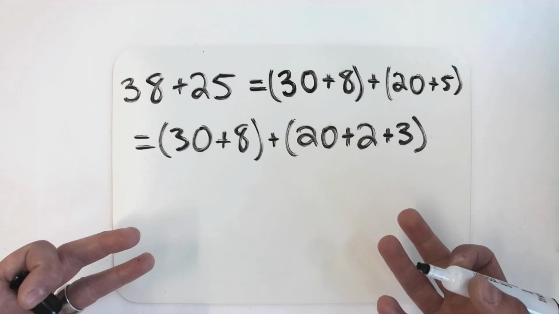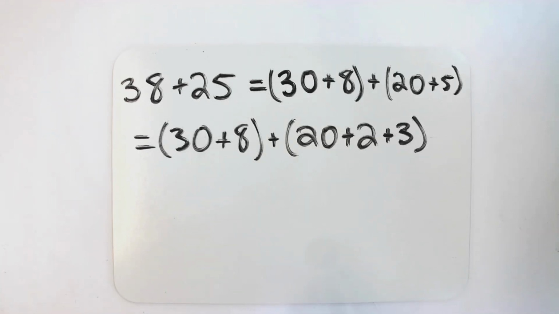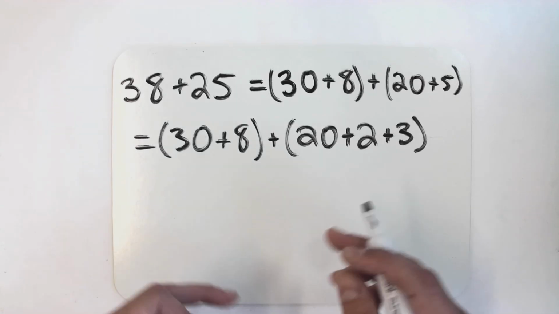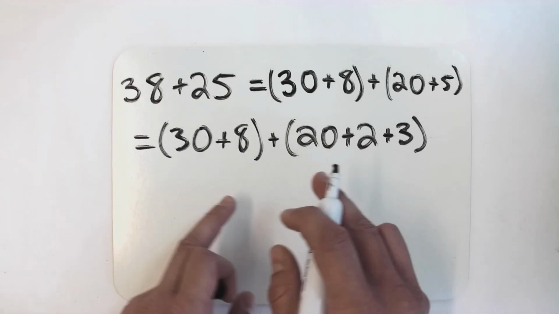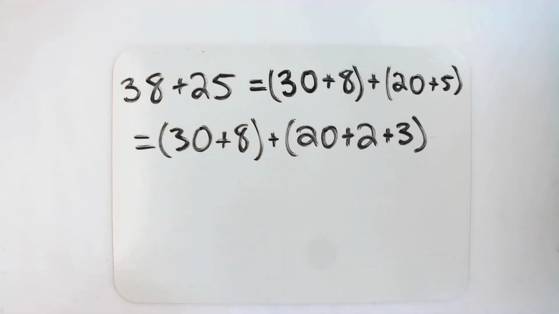Right, so then we would use our associative and commutative properties. Right, the associative relates to how we're grouping different addends. The commutative property relates to the location of different addends.